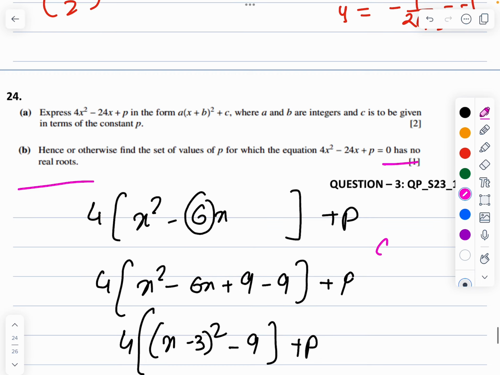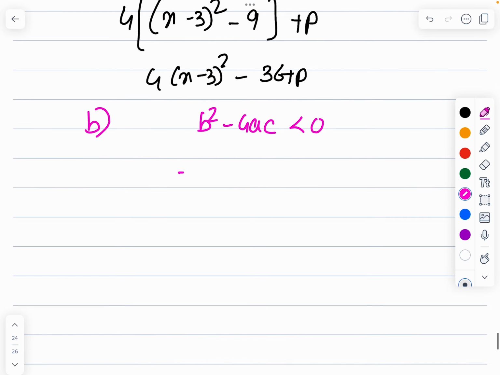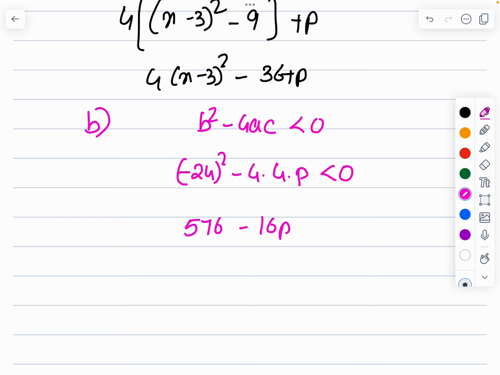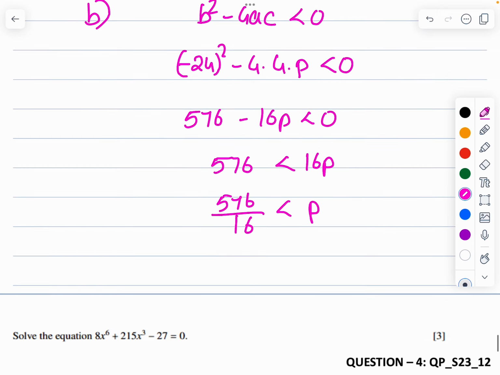A is 4, b is negative 24, and c is p. So negative 24 square minus 4 times 4 times p is less than 0. 576 minus 16p is less than 0. 576 is less than 16p. Divide by 16. 576 upon 16 is less than p. So p is greater than 36. That's going to be the answer.